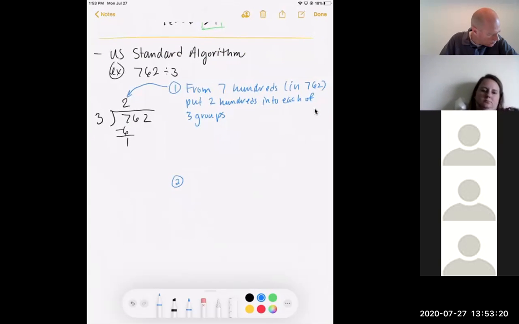Okay, in number 2, the second thing we're going to consider is that 600s total were put into each group. I'm explaining this step right here. So 600s were put into each of the 3 groups overall.